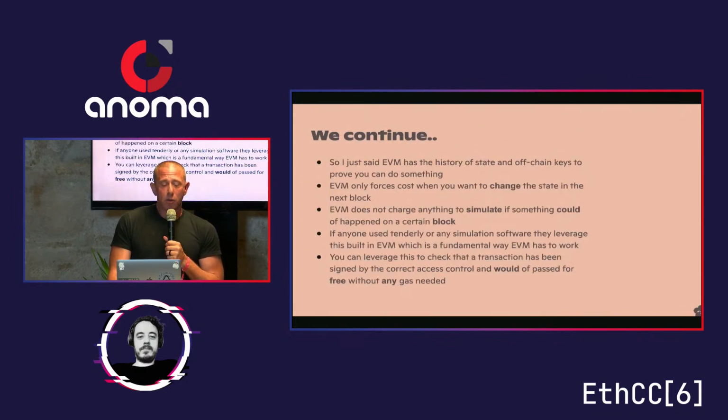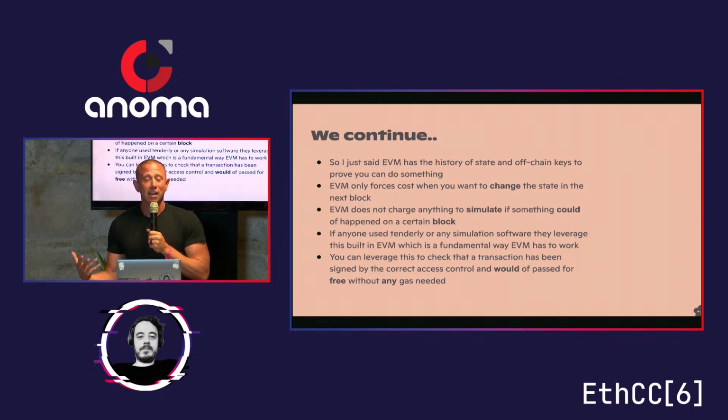So if the EVM is a state machine with off-chain keys to prove that you can do something, it forces costs when you want to change the state. It does not charge anything to simulate a transaction. It only charges to actually finalize a transaction, because the EVM has this idea of simulation. You can check to see if something is going to actually happen before you finalize it, right?